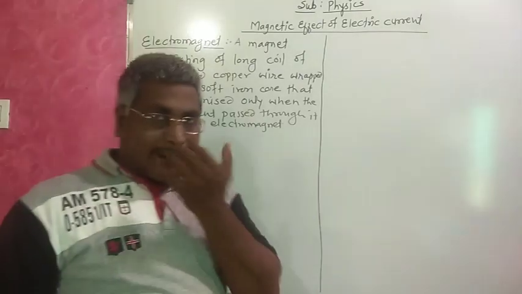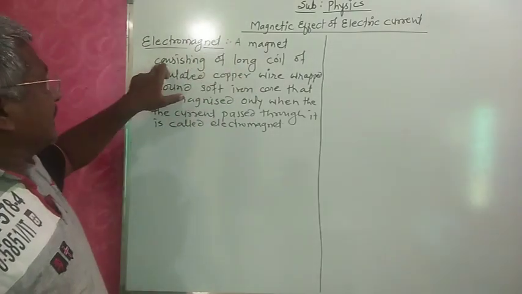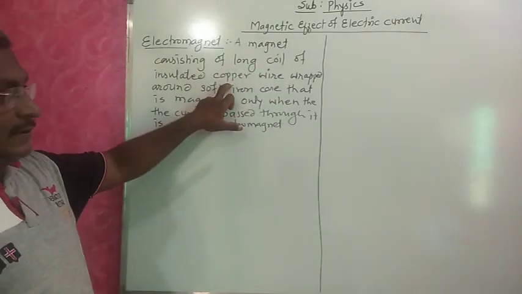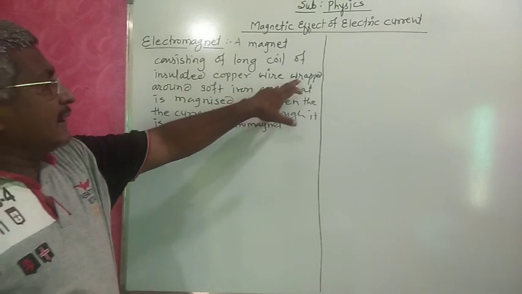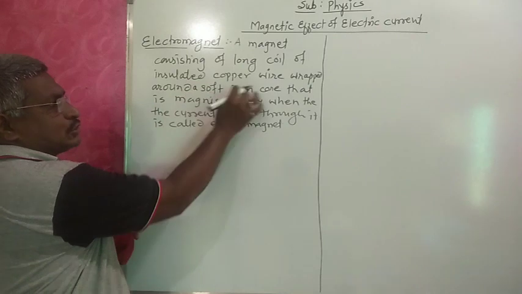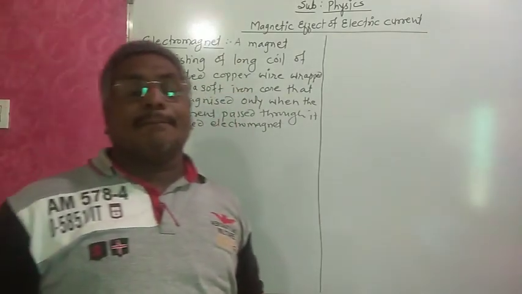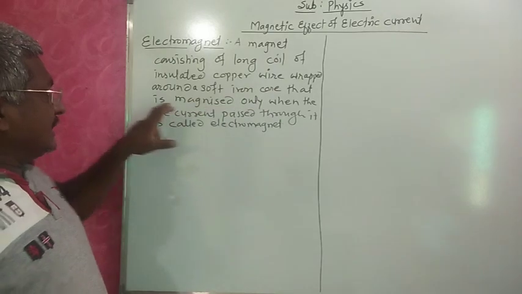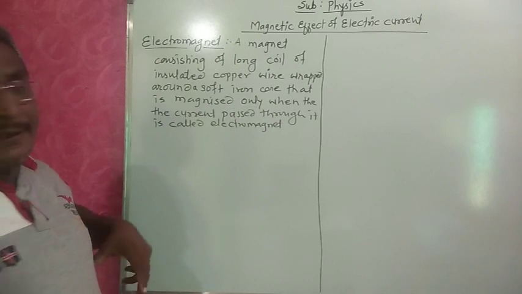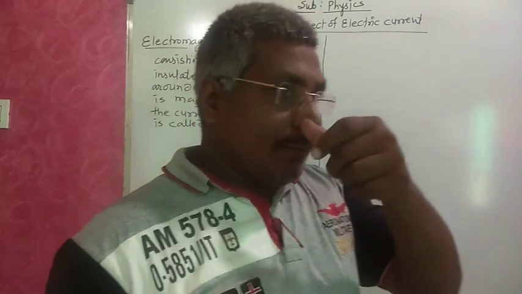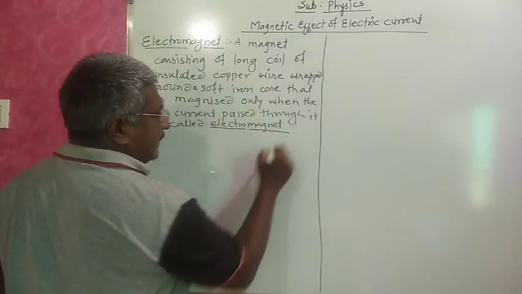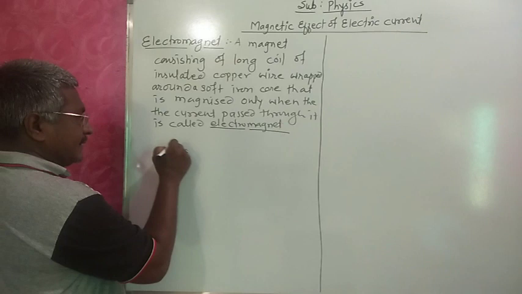What is the meaning of electromagnet? A magnet consisting of a long coil of insulated copper wire, just now I showed, wrapped around a soft iron core. This soft iron core is a magnetic material that is magnetized only when the current passes through it. In the word electromagnet, two words are there, electro and magnet.